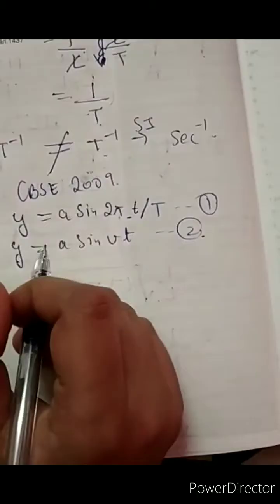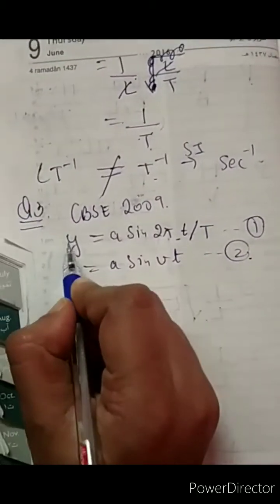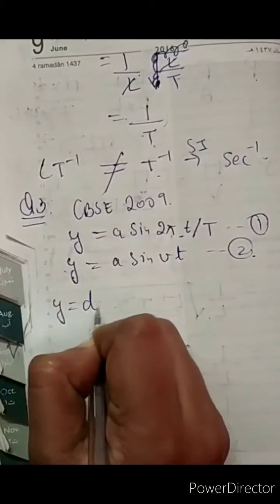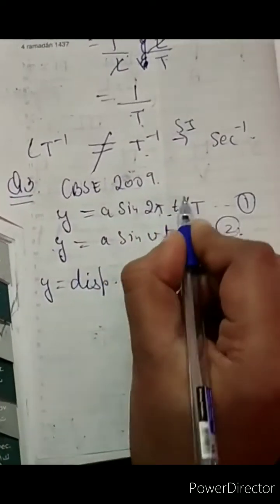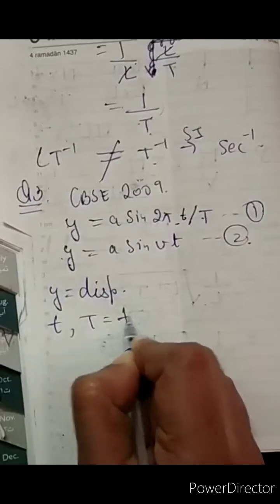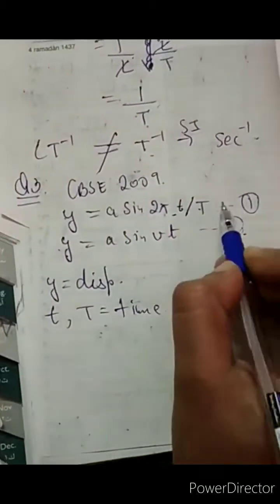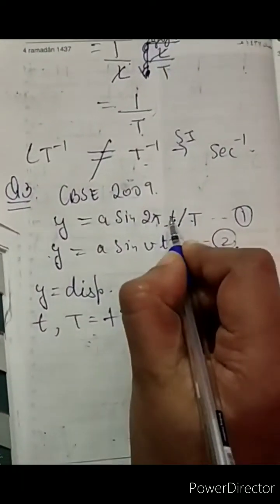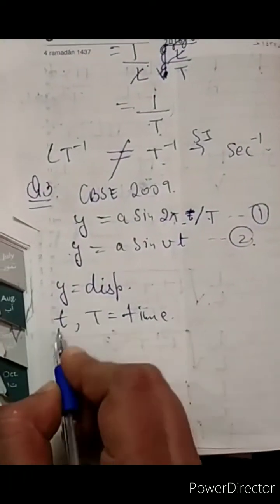Symbols have standard meaning. What does it mean? It means y is showing displacement. This small t is time, and capital T is time period. Small t is also time. What is v?